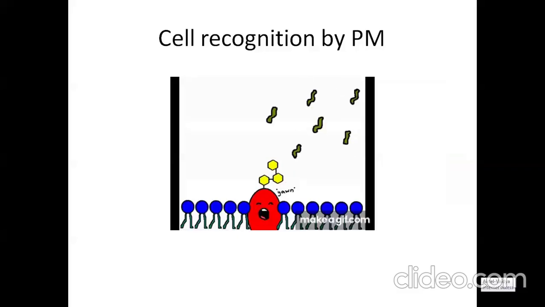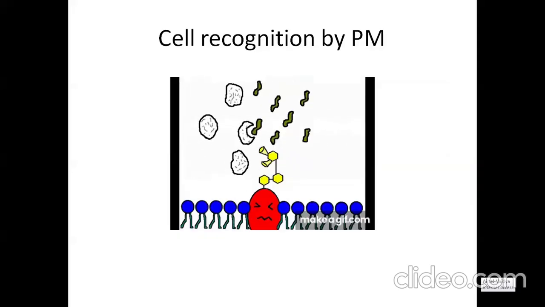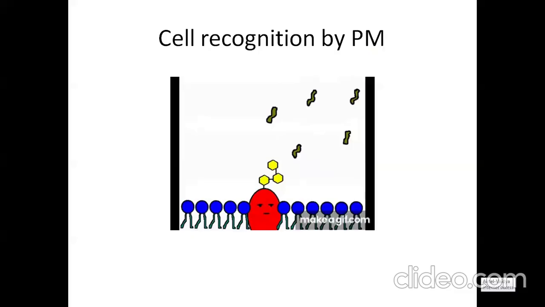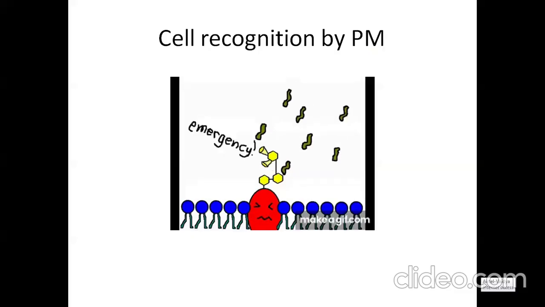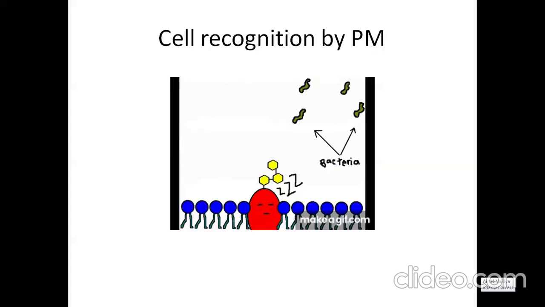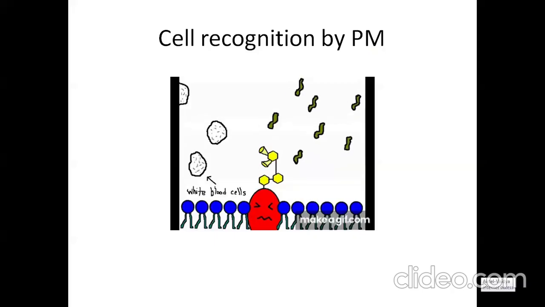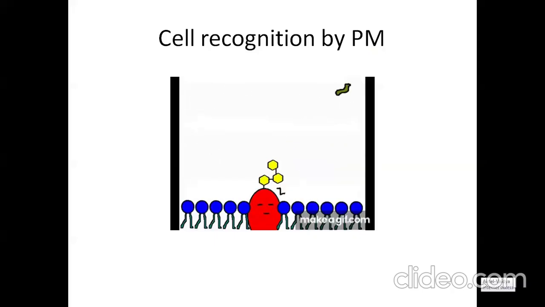And this is cell recognition. A very, very important thing. The cell, or the plasma membrane obviously, needs to recognize which is the favorable material and which are the foreign particles that need to be identified. So if foreign bodies like bacteria or something else enter the cell, the plasma membrane identifies or recognizes them and engulfs them by a process called phagocytosis.